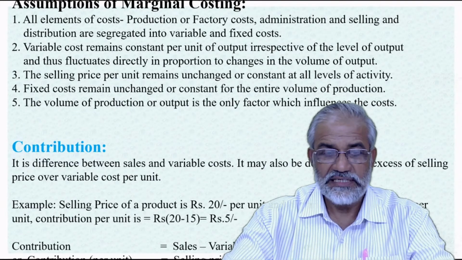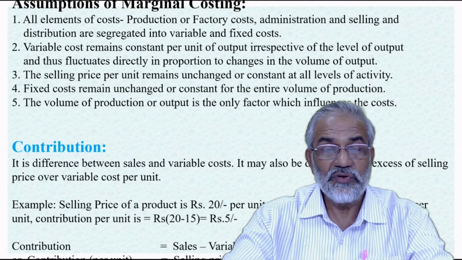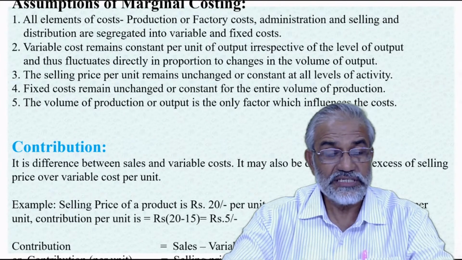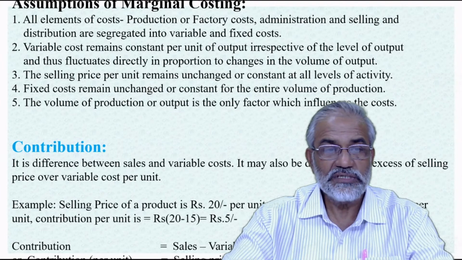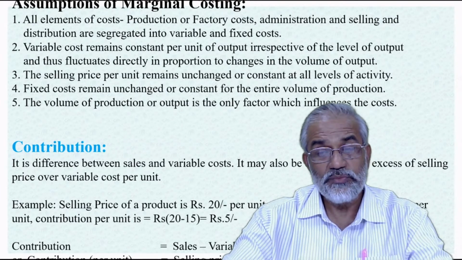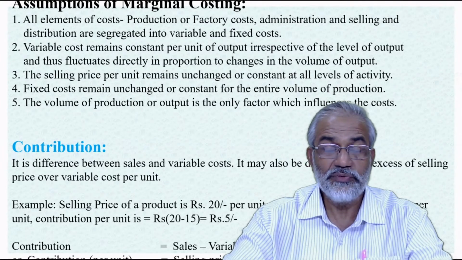Contribution, as you can see in this slide, is the difference between the sales and variable cost. That means the equation for contribution, C is equal to S minus VC, sales minus variable cost. It may also be defined as the excess of selling price over variable cost per unit.